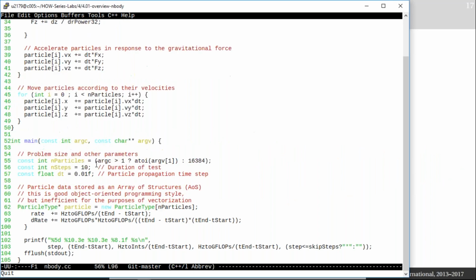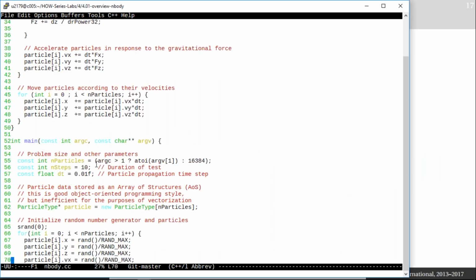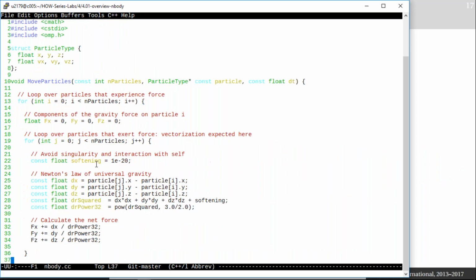20 is an interesting number. It is just a convention in this field. Every paper on n-body simulation that I've seen uses 20 to estimate performance. You can try to count how many floating point operations are here, and it's not clear. Maybe this is 1, 2, 3, then 4, 5, 6, 7, 8, 9.